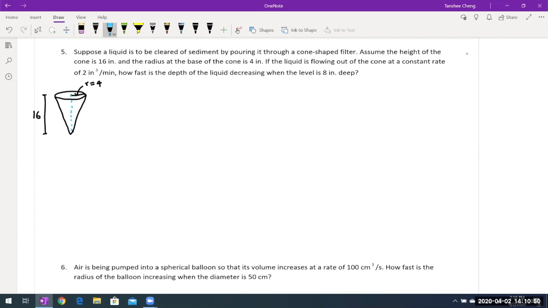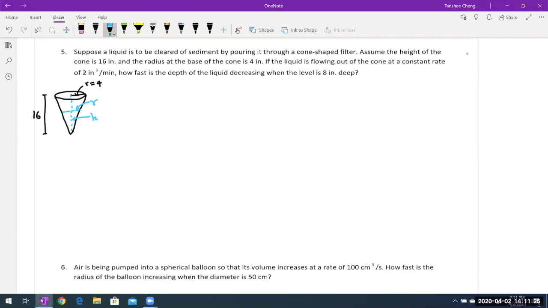So we are talking about right here, at this level, and my radius will always be changing also at this point. And my height is also changing, right? From the 16 inches it is always going to be changing, because as the water level goes down, notice that the radius of the cone at this point is different now, it's smaller. So the radius is also changing.